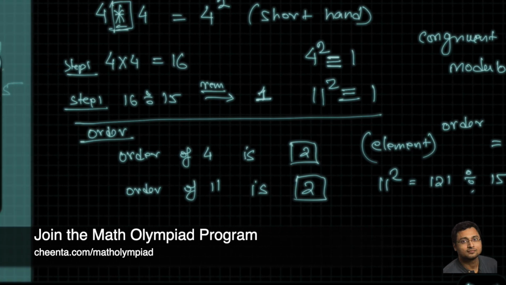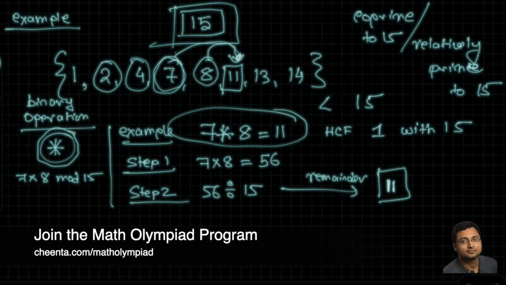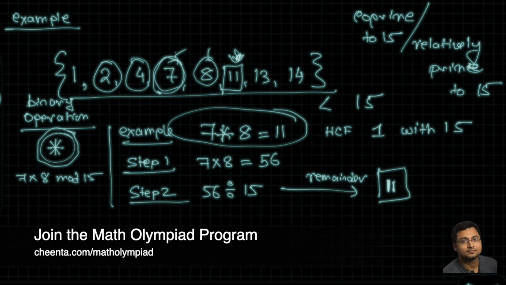If you look at the other elements of this particular set, there are elements like 7, there are elements like 13 whose order is not 2. In fact, can you tell me what are the orders of each element in this particular set?